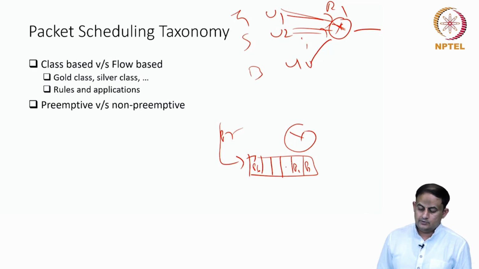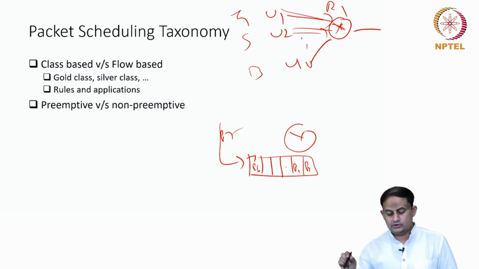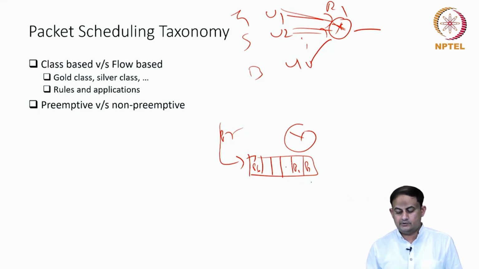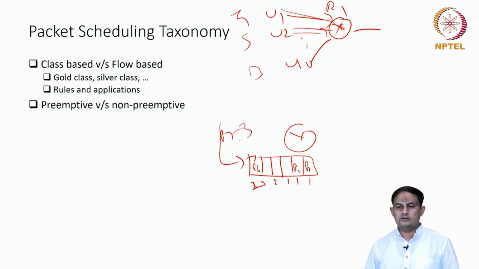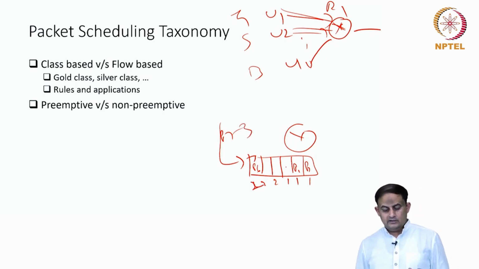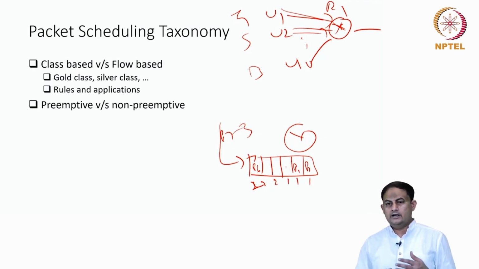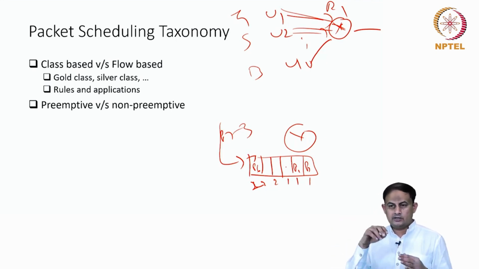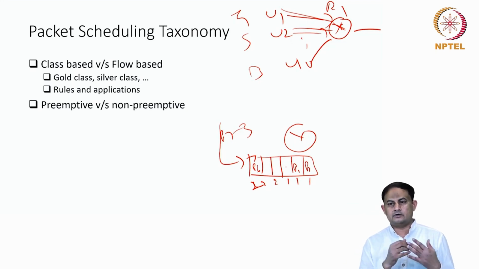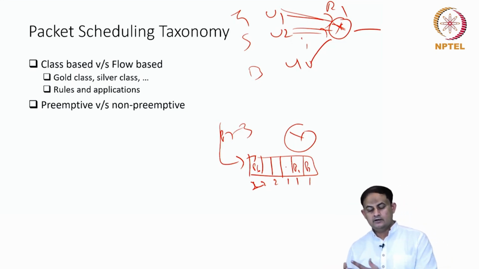If you have assigned the notion of priority, let us say P1, P2, P3 through P6 have the priorities 1, 1, 1, 2, 2, 2, something like this, and P7 has the highest priority, let us say 3. Now, a higher priority packet has arrived at the input port, and you have already marked in what order the packets already queued up or buffered inside your router are going to exit the router.